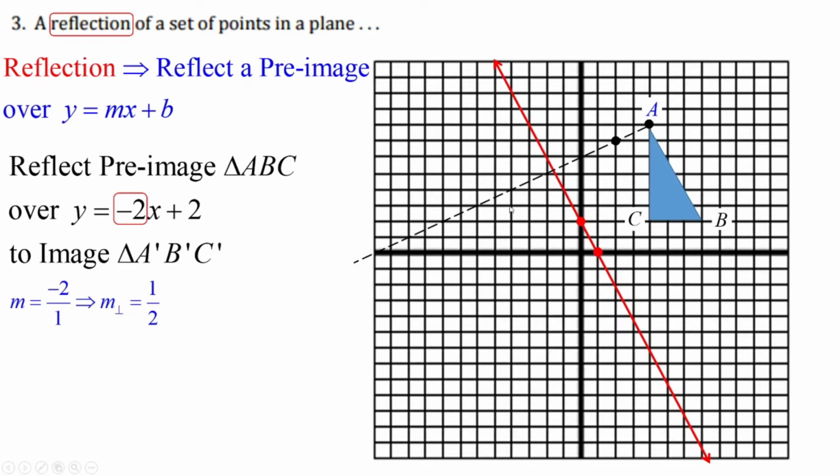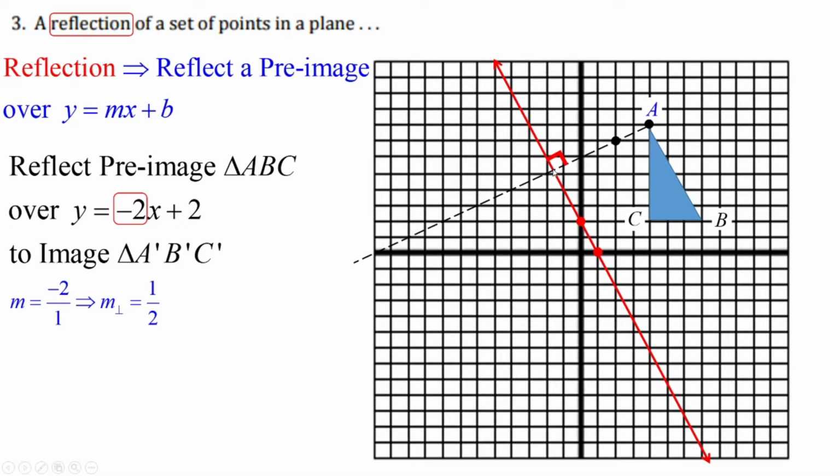Now, what I need to do is simply do this. I would measure this distance right here, and then I need exactly that distance on the other side. Okay, that is a 90-degree angle right there. And remember, the definition is this line has to be the perpendicular bisector of this segment right here. So I need exactly this distance on the other side.